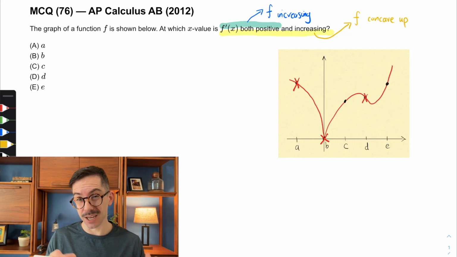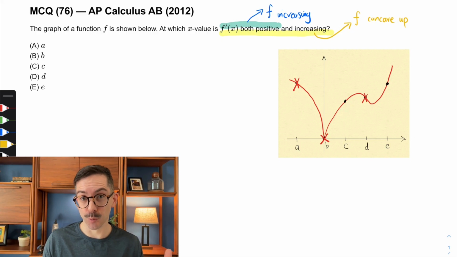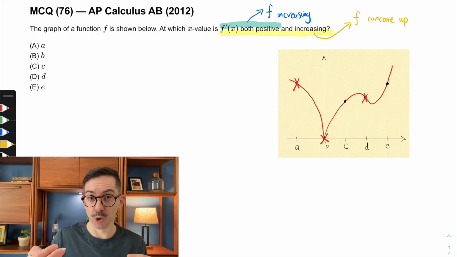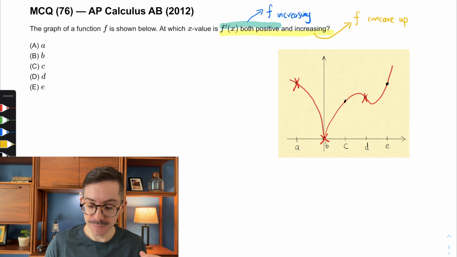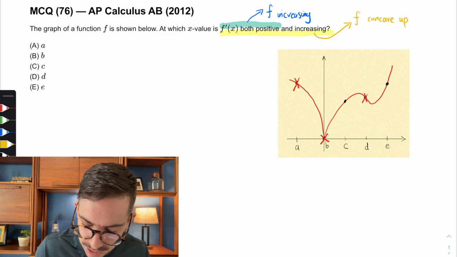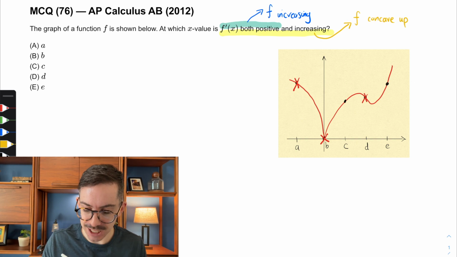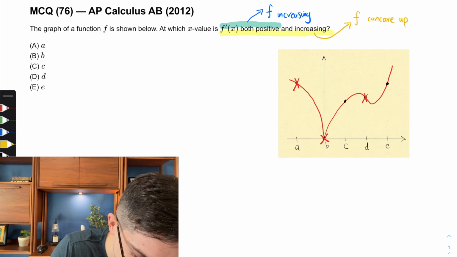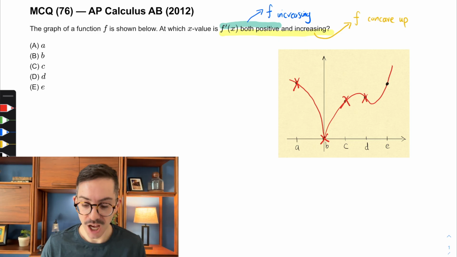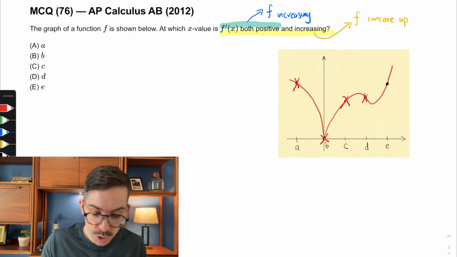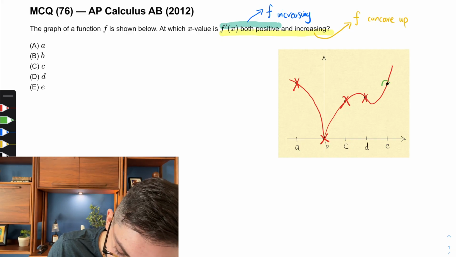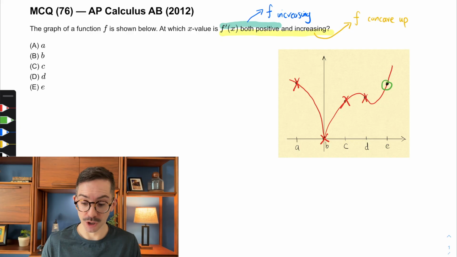The second derivative f double prime will be positive. That's another way that you can recognize concavity. So if we look at these 2 points, we can see at x equals c, nope, the graph is concave down, so it must be the case that x equals e is the point we are looking for.